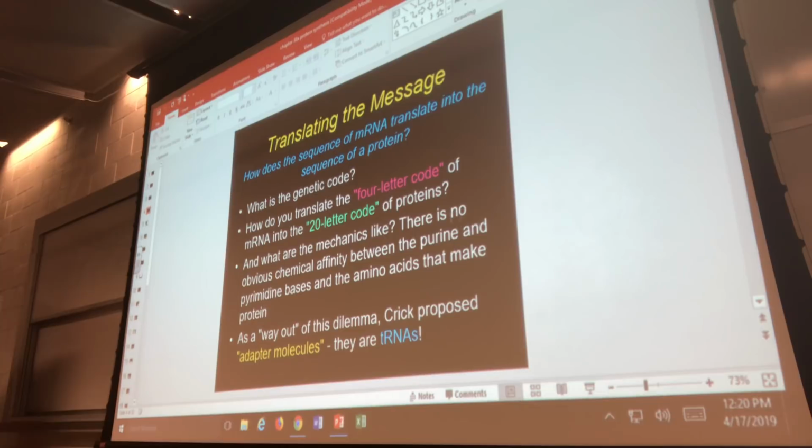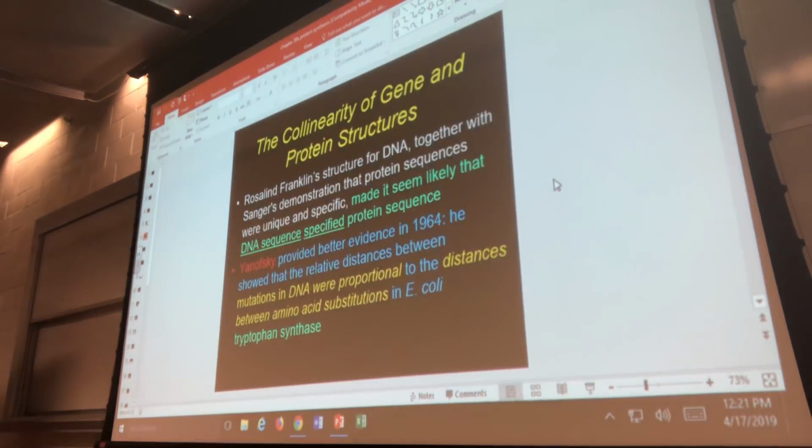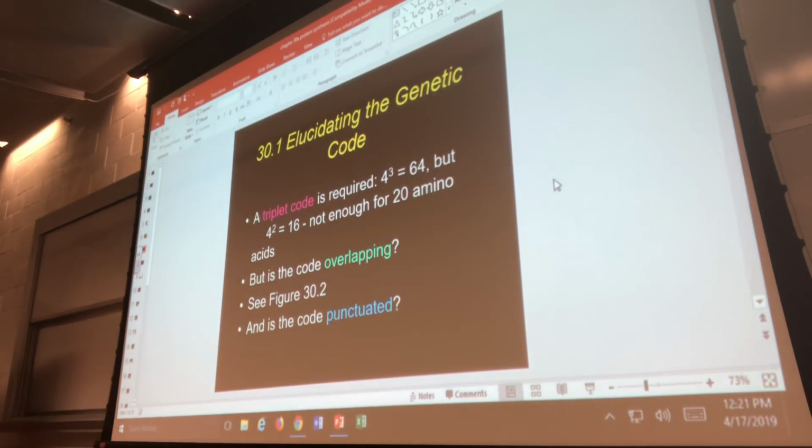One interesting question pops up when you talk about translating mRNA into proteins. There are only 4 DNA bases, but there are 20 common amino acids. How could you possibly code 4 bases into 20 different amino acids? And sometimes I will go back to some of these.